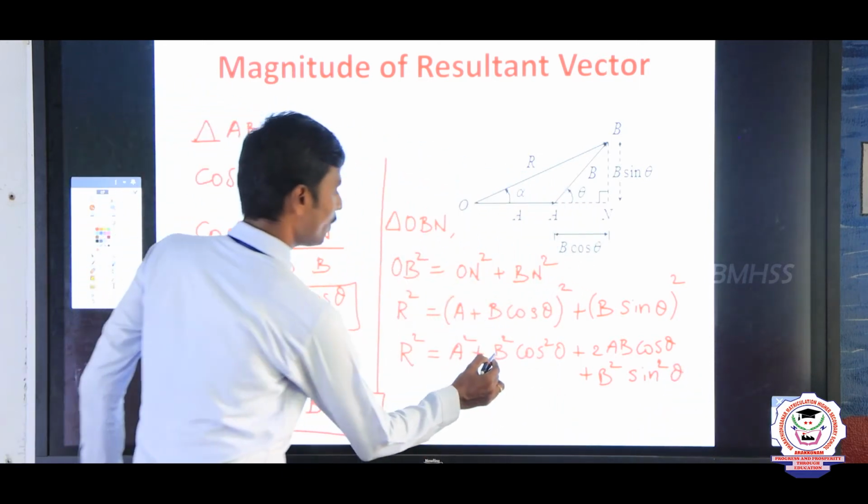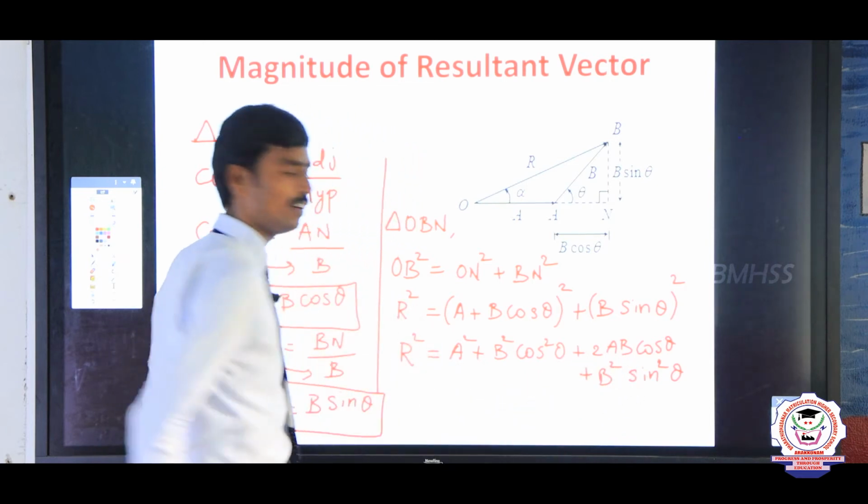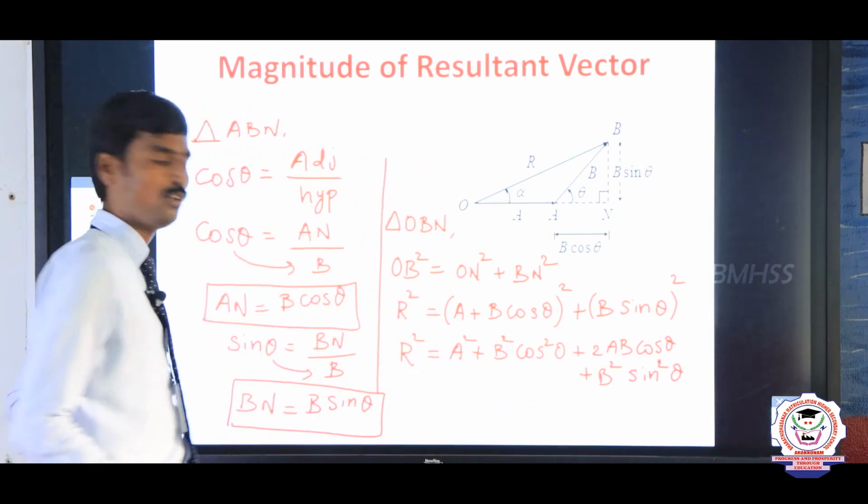Here B square cos square theta, here B square sin square theta, take out B square.